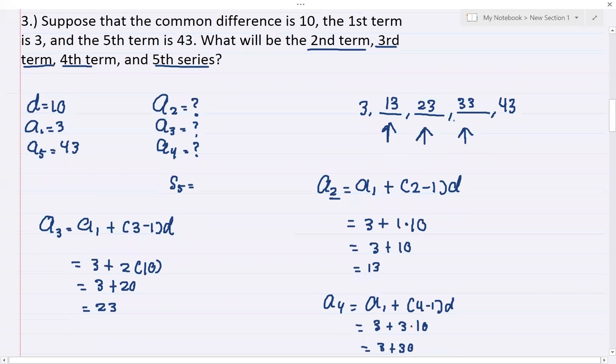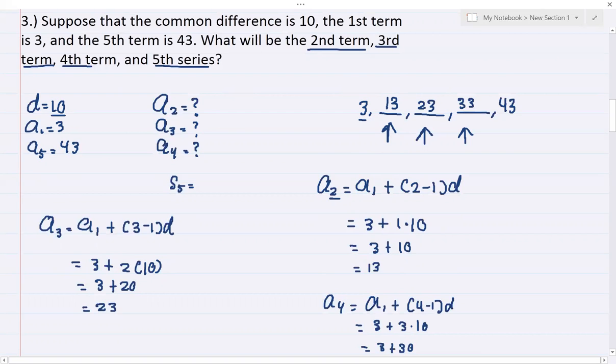See, that's it. It's easy. But actually, there's a much easier method than using the formula. And you know what that is? The use of your head or your critical thinking. We have a common difference of 10. So, all I need to do is just add continuously.